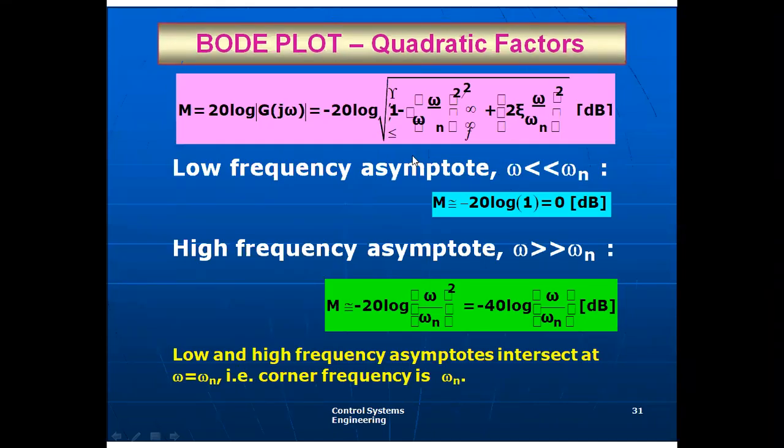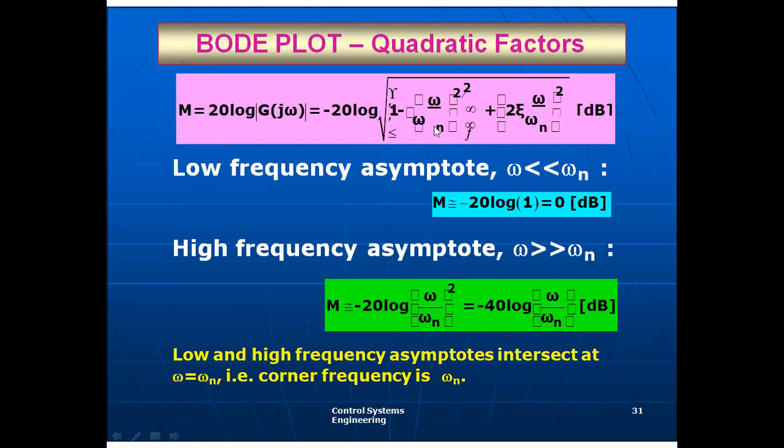So for a quadratic factor, that is a second order equation, there are two cases. When omega is very much less than omega n, M becomes 0. Whereas for higher frequency, when omega is greater than omega n, you will get minus 40 log of omega divided by omega n.